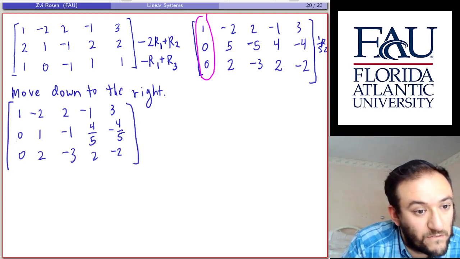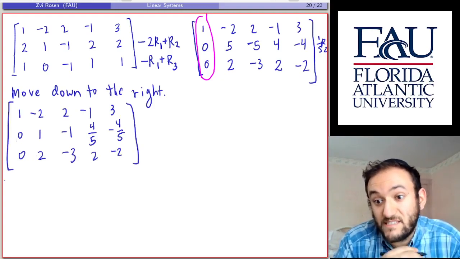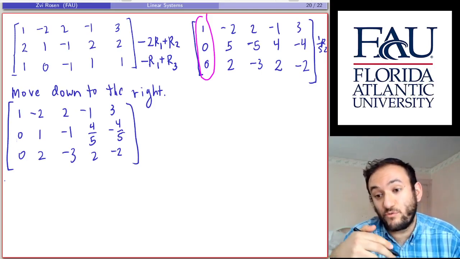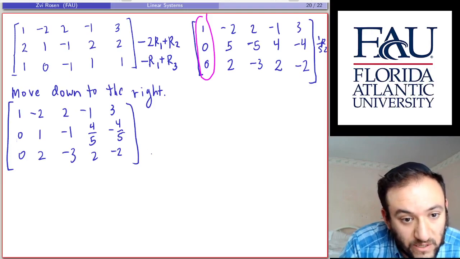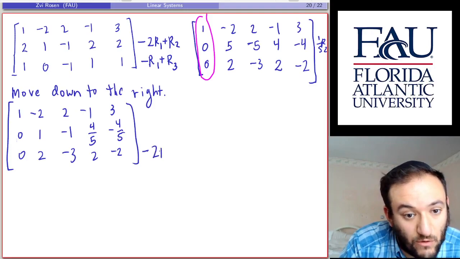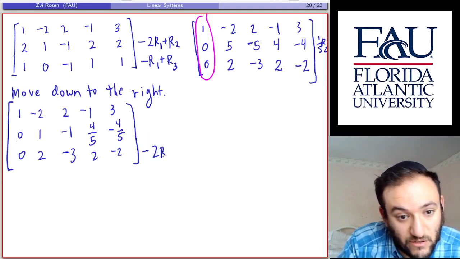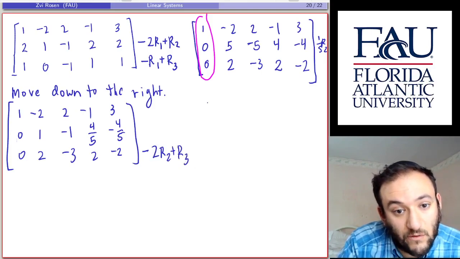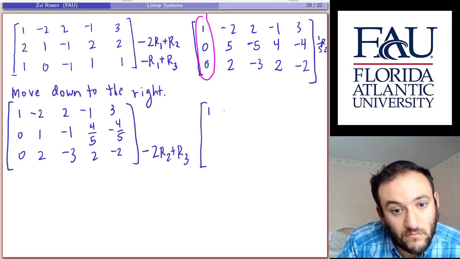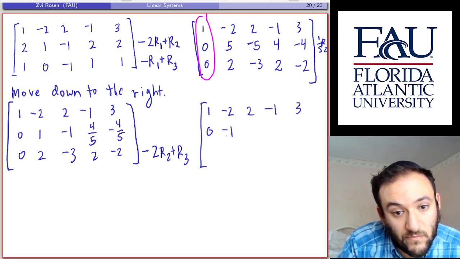Okay, and so now we have to take a scaling of the second row, add it to the rows below so that the entries below are 0. So we're going to take minus 2 times that second row and add it to the third row. And we obtain, okay, first row stays the same, second row stays the same.